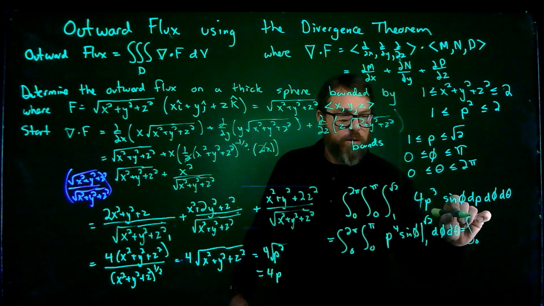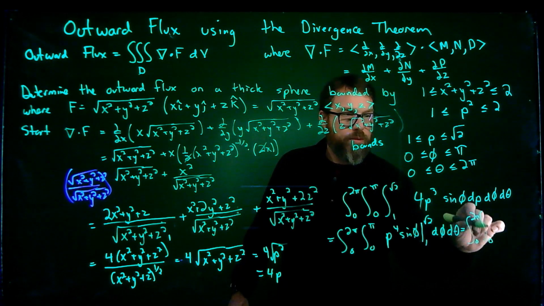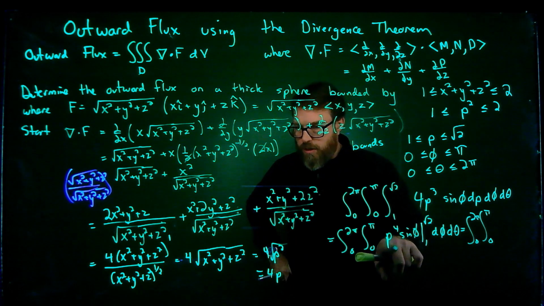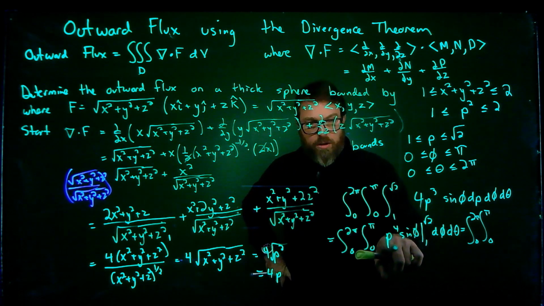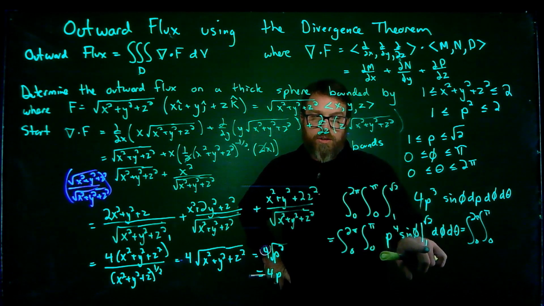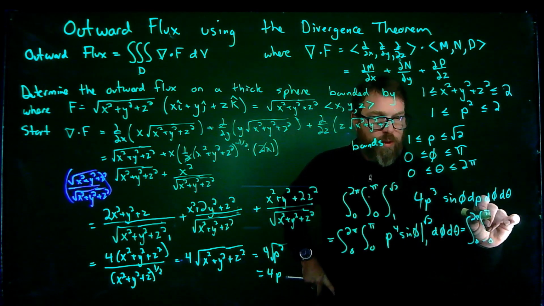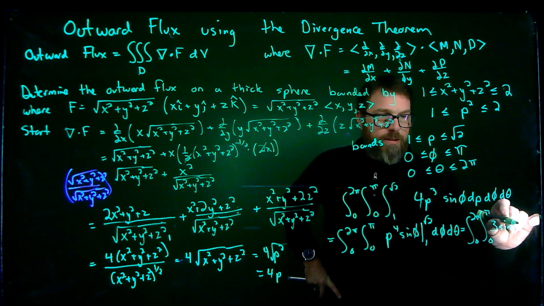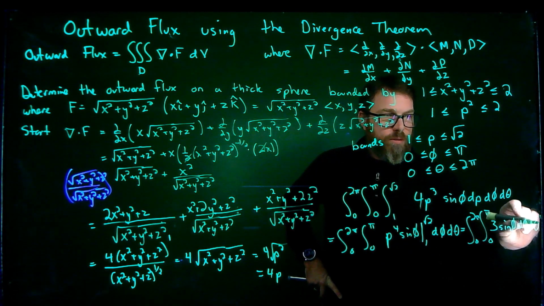Plugging in root 2 is going to give us 4, minus 1, which is going to give us 3 sine phi d phi d theta.